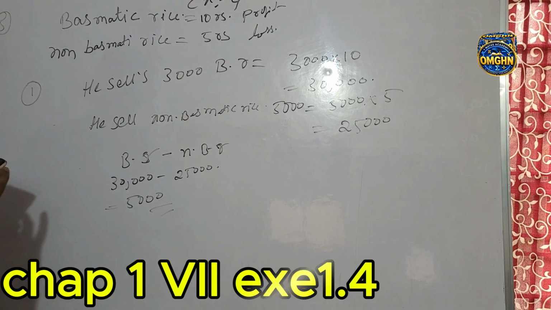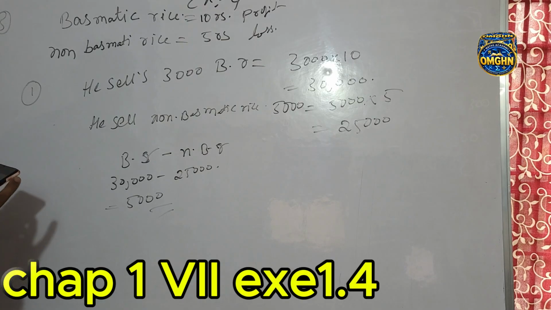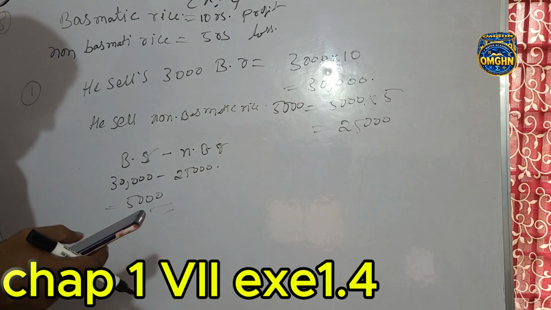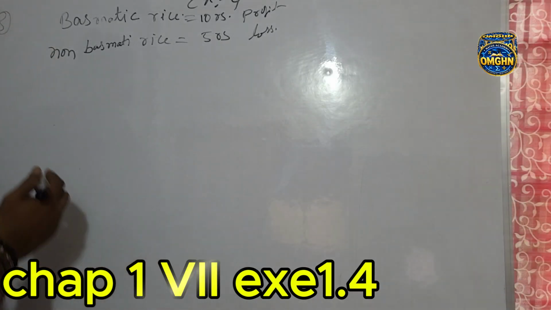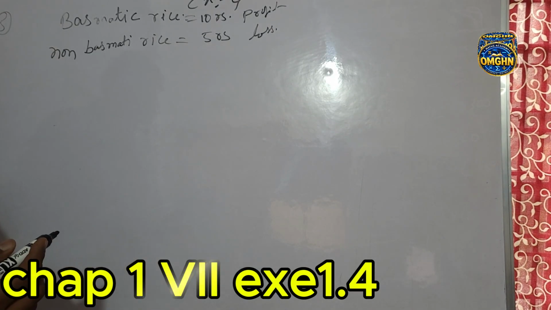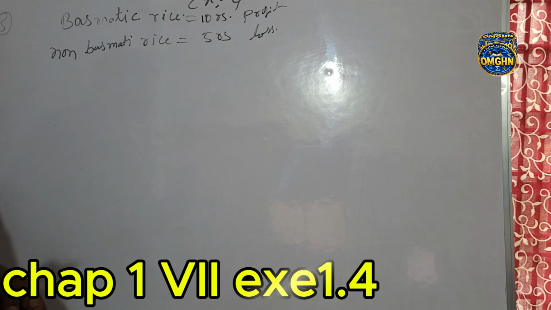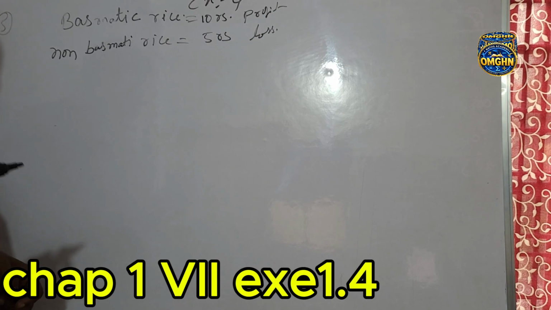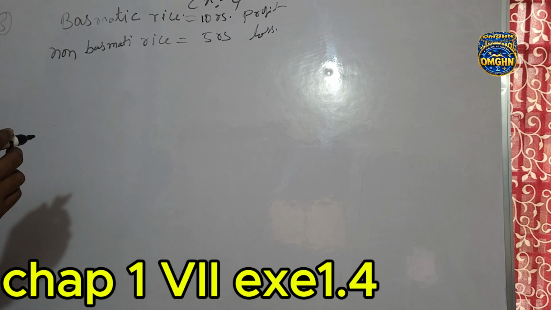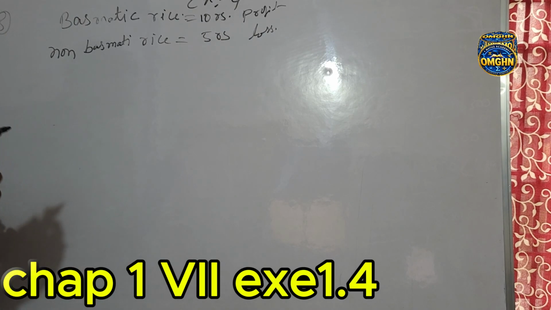Next question. What is the number of bags of basmati rice he must sell to have neither profit nor loss, if the number of bags of non-basmati rice sold is 6,400?